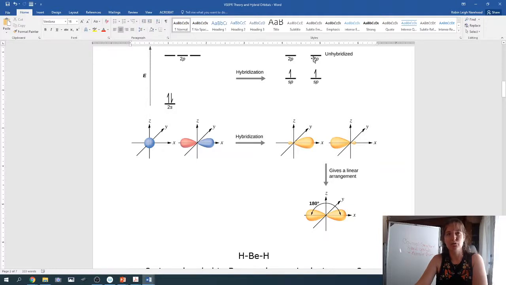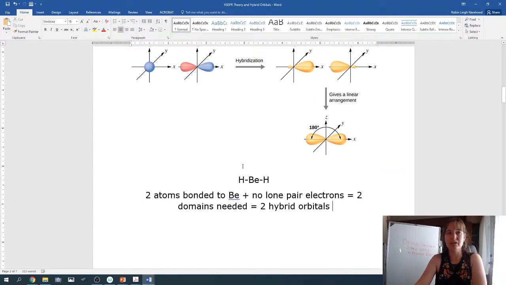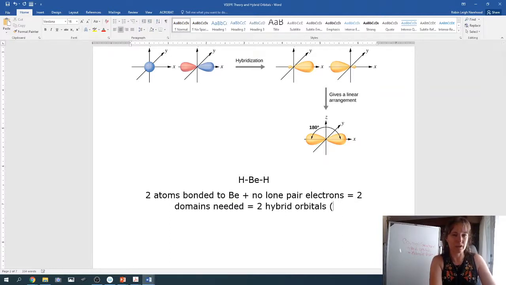But the leftover p orbitals that did not change have the same energy as they had before. They're unchanged. And so this beryllium hydride creates 2 hybrid orbitals to form those covalent bonds, and those hybrid orbitals are called sp orbitals, and it forms a linear geometry.